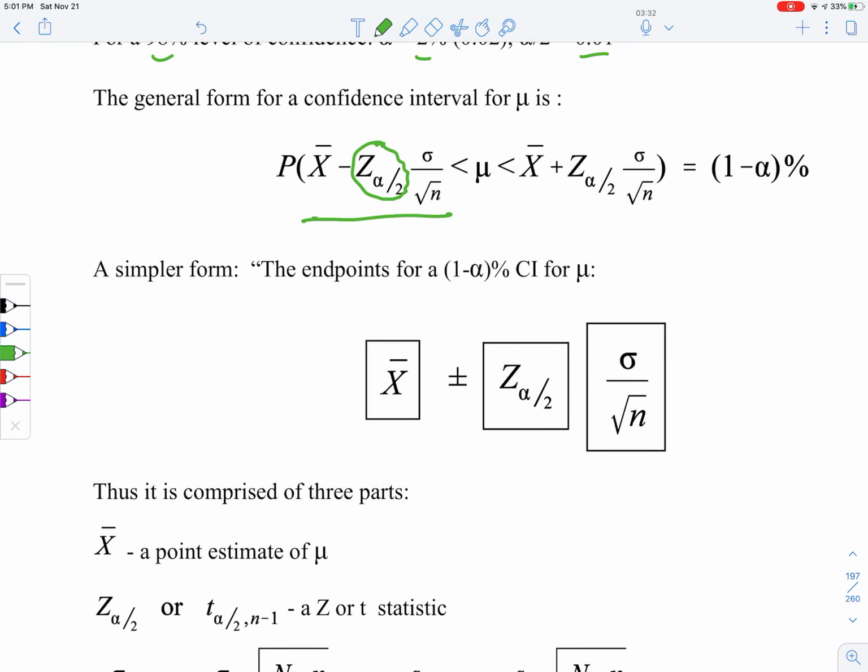Now, what I want you to notice here is that the left side is exactly the same as the right side, except that this is x bar minus, and this is x bar plus. This part here is called the margin of error.